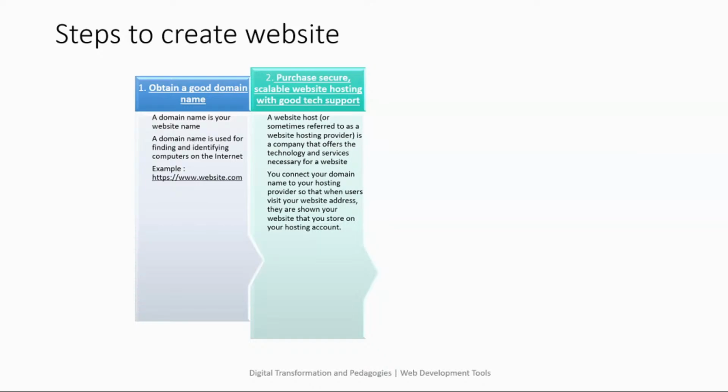They provide you a hosting service, or the land, for your website. There are so many, like GoDaddy, Amazon for that matter, that offer hosting services. You can connect your domain name to your hosting provider. Then whenever users visit your website address, they are shown your website that you store on your hosting account.